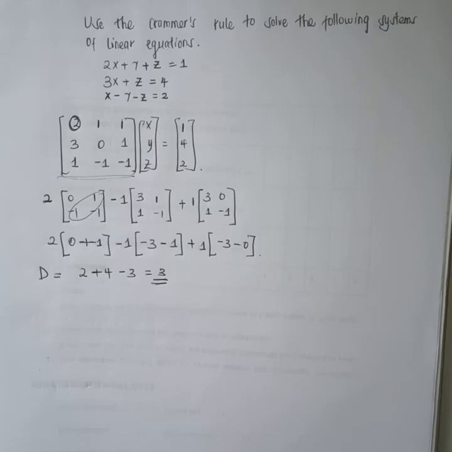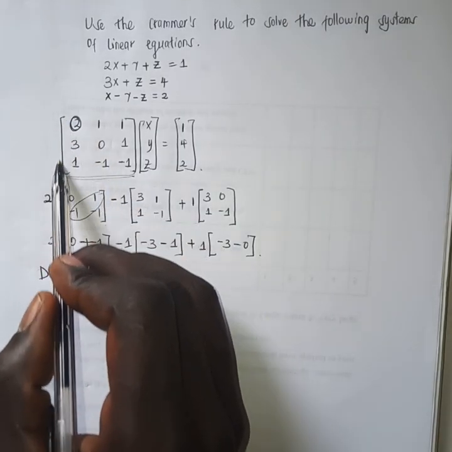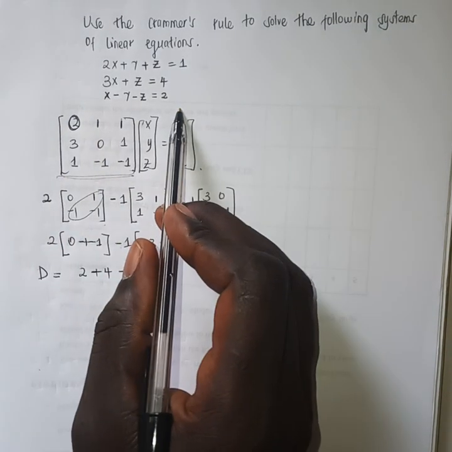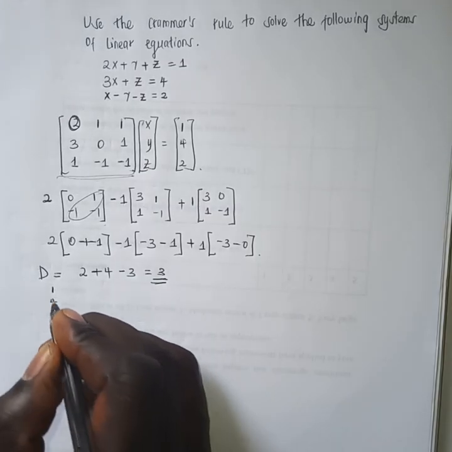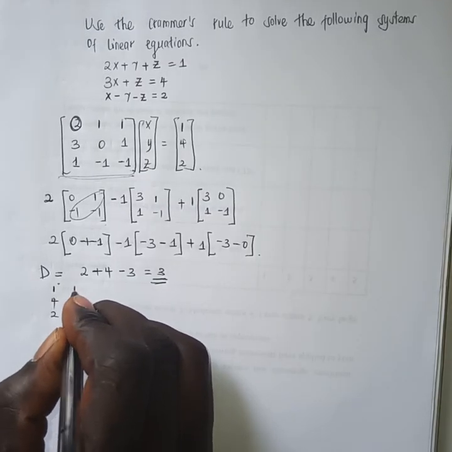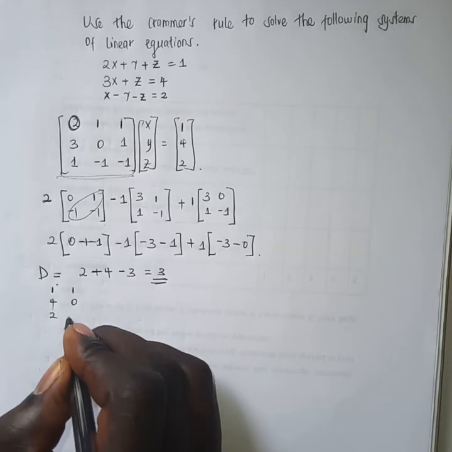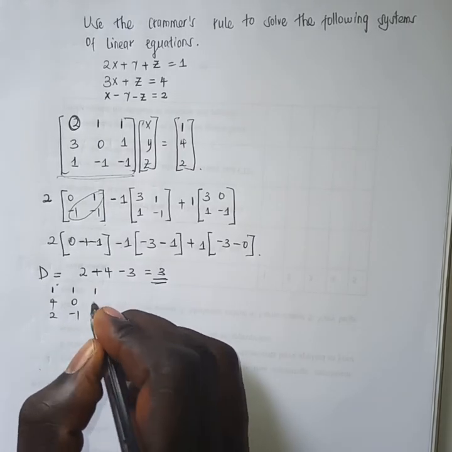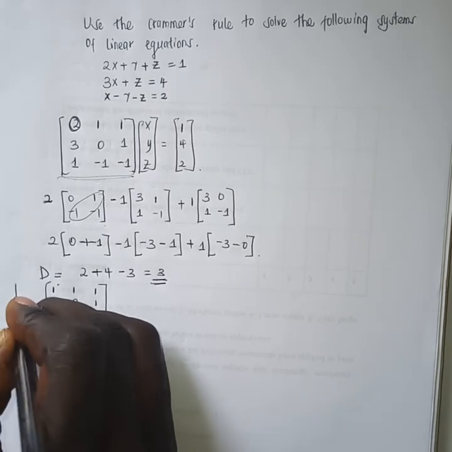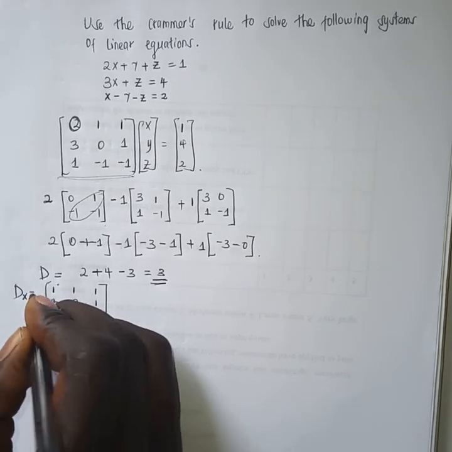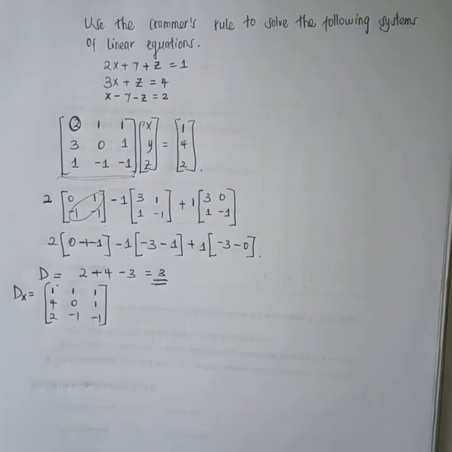So in the second step, we are going to substitute the coefficient of x with these values here. So we'll be having 1, 4, 2, then 1, 0, -1, 1, 1, -1. So this one we are finding the determinant that will help us find the value of x.